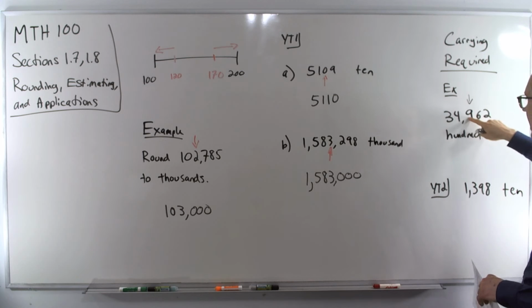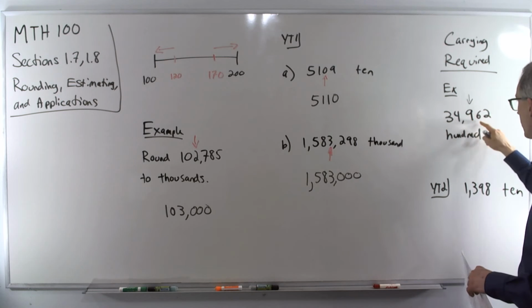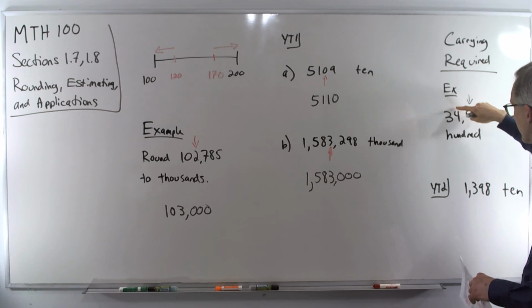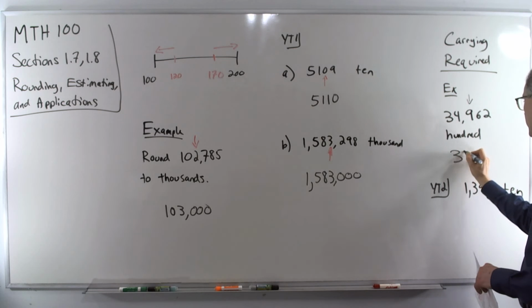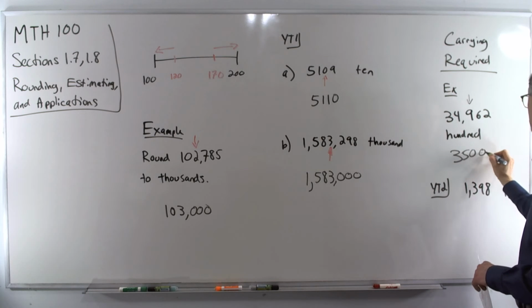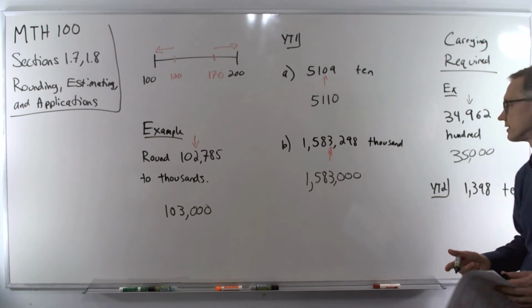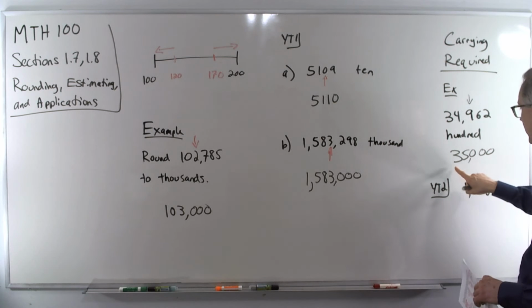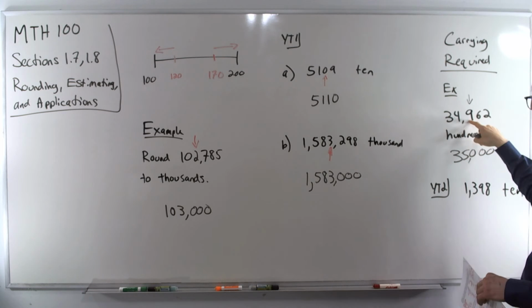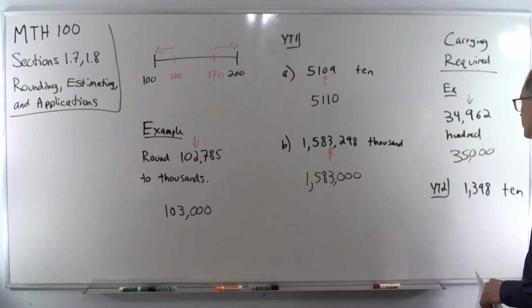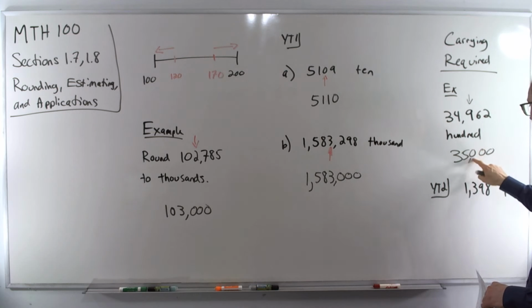But that turns the 9 into 10, so we carry the 1 over to the 4. That becomes 5, so we get 3, 5, 0, 0, 0: 35,000. Even though we're rounding to the nearest 100, it looks like rounding to the nearest 1,000 because the digit turned into a 0 by adding 1 to it. But really, we're rounding to the nearest 100 here.